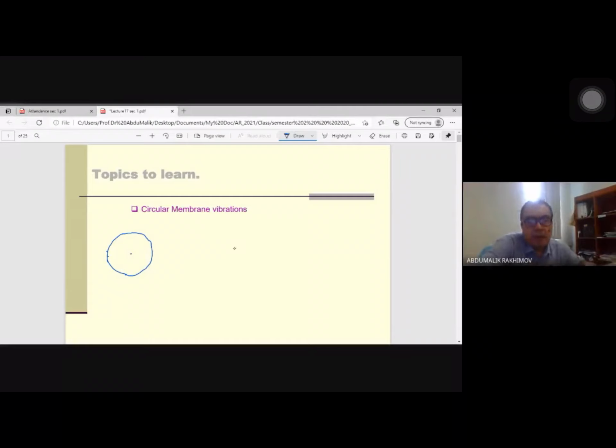If we place this circle in a Cartesian system, let this be the x-axis and this the y-axis. Then any point of this membrane has components x, y. So what is the boundary? How do we express the boundary?